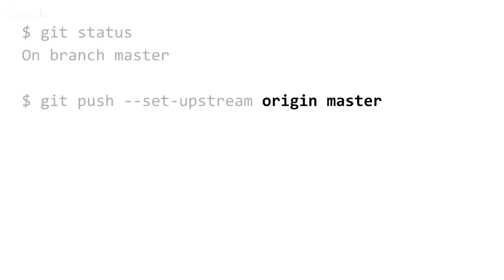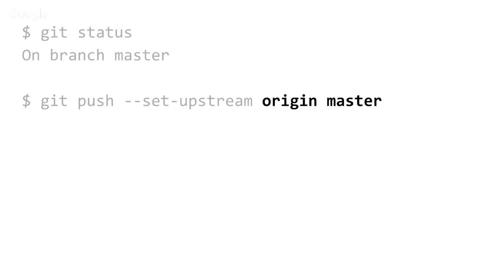Here we specified which remote we would like to push the branch to, because most often it's just one remote. We work with one remote, but it is possible to have more than one remote. And master is the name of the branch that will be created on the remote repository, which also means that we can have different names locally. The branch name could be something different than the remote name.